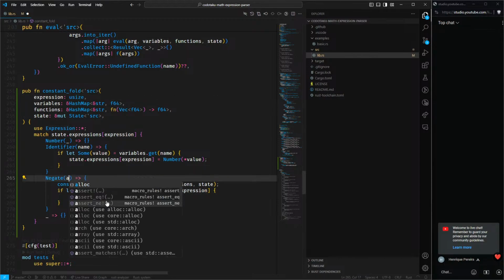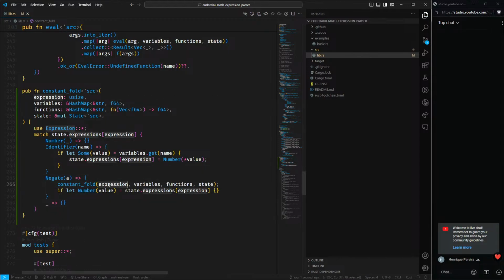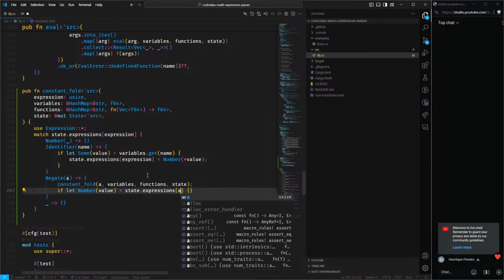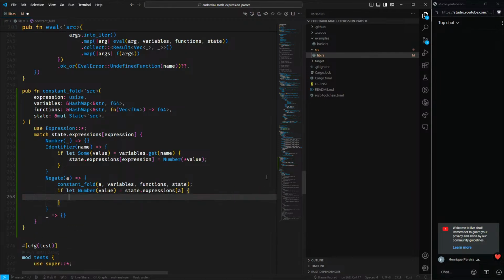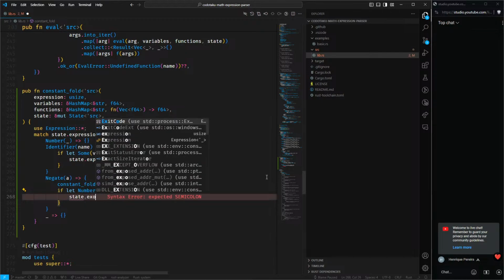I'm just gonna call this honestly A. Gonna ConstantFold A, and expression A. And if that's the case, then we're basically gonna say that state the expressions.